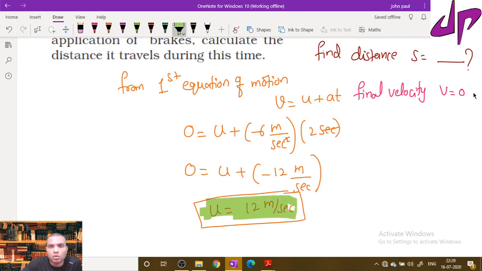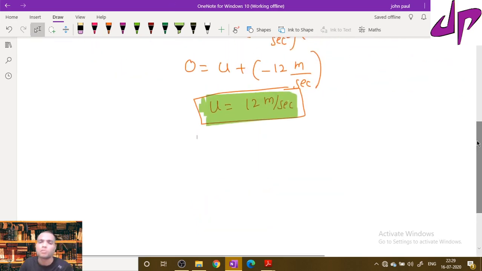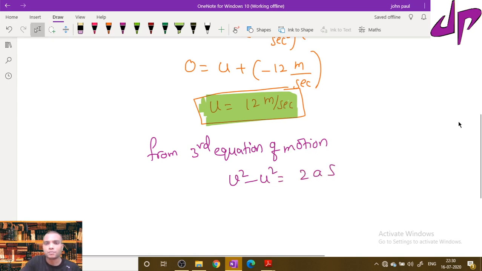So here u is initial velocity. To find distance, we will use the third equation of motion, that is v square minus u square equal to 2as.